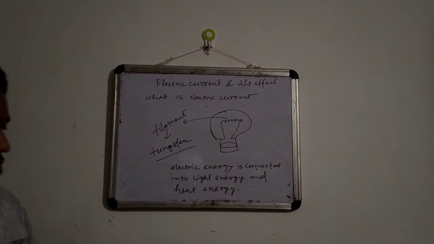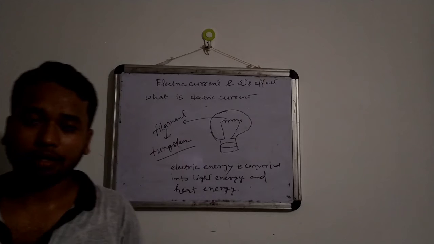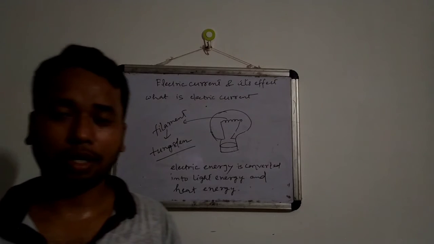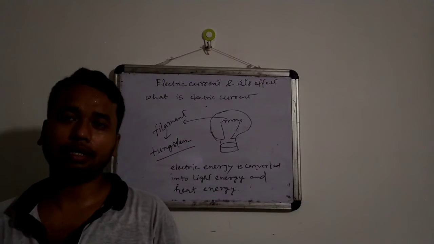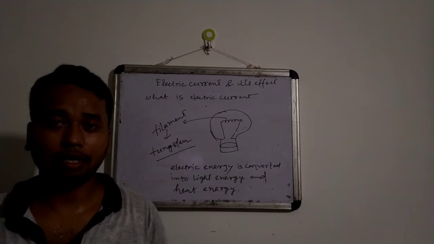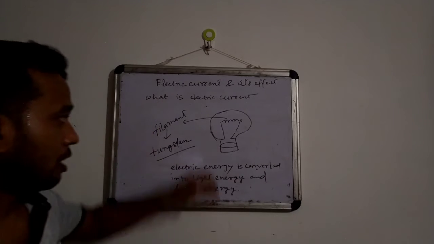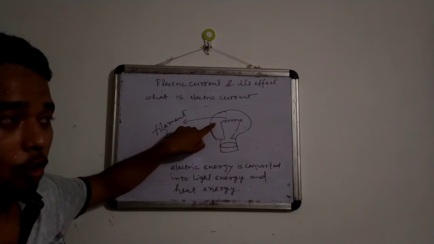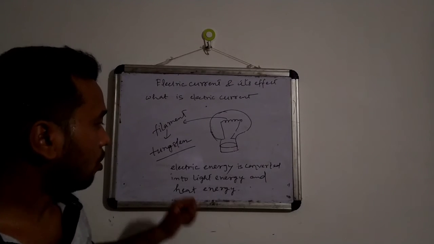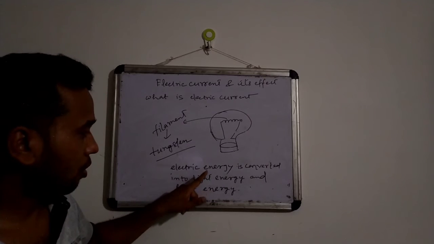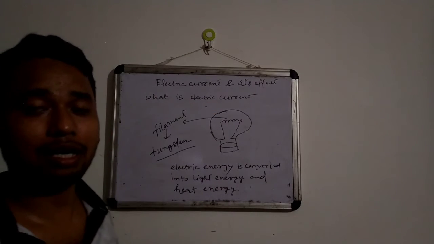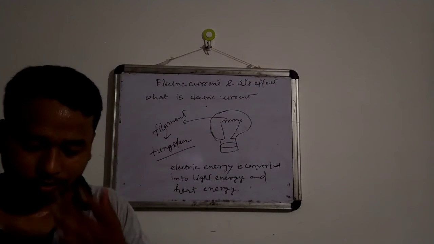There is also a statement, conservation of energy. According to conservation of energy, energy can neither be created nor destroyed. Only we can transfer one form of energy to another. So here in the bulb, we are not creating any light energy. We are only converting electrical energy into light energy, and that is why the bulb glows and we can get light from the bulb.